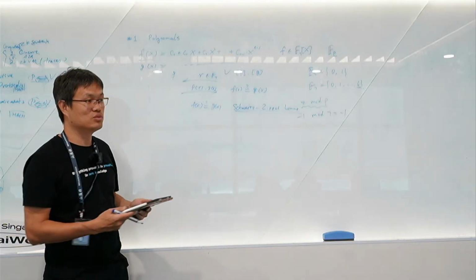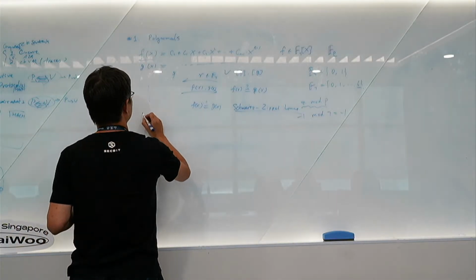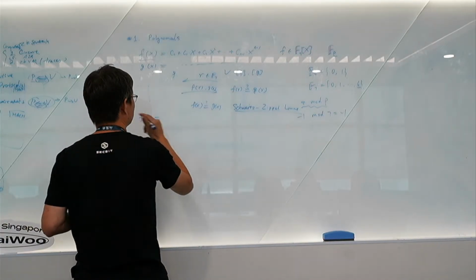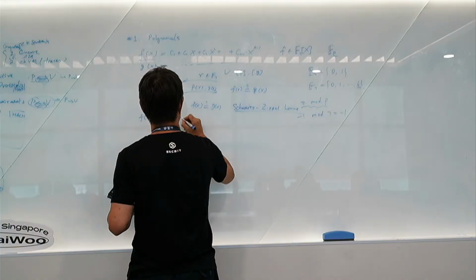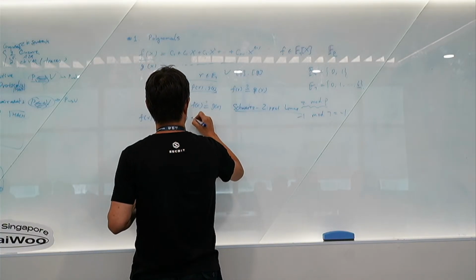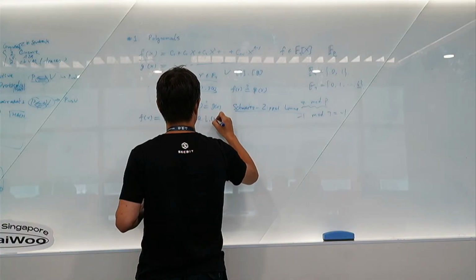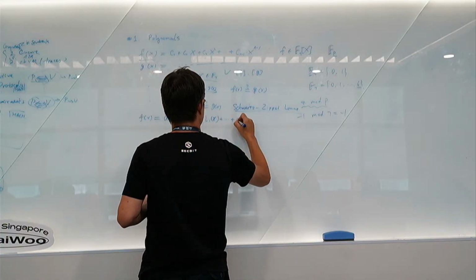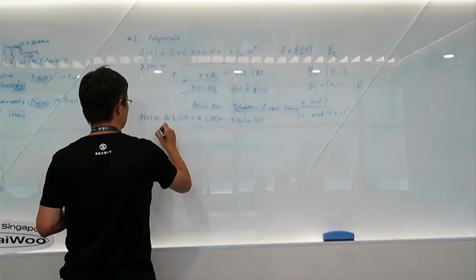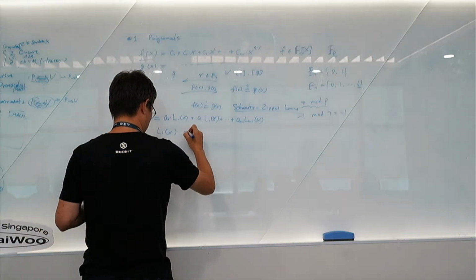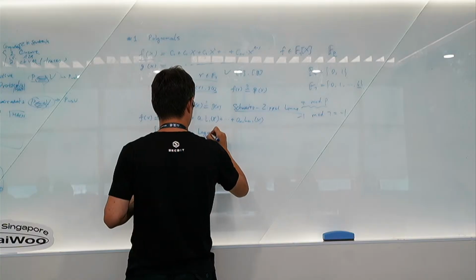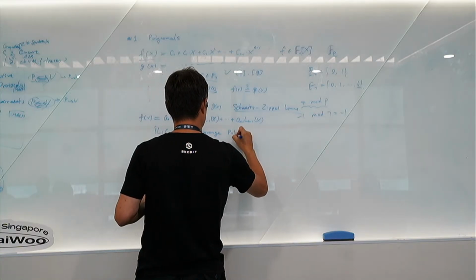But we still have a different approach, called the Lagrange interpolation. f(x) can be written this way: a0 times L0(x) plus a1 times L1(x) plus all the way to a_{n-1} times L_{n-1}(x), where the L_i(x) are Lagrange polynomials.